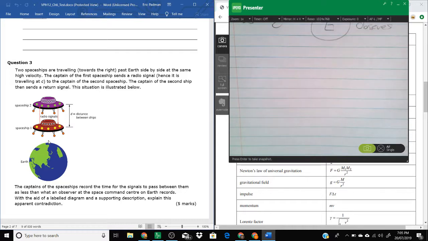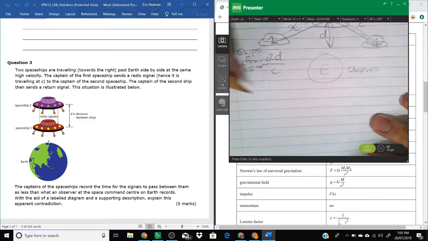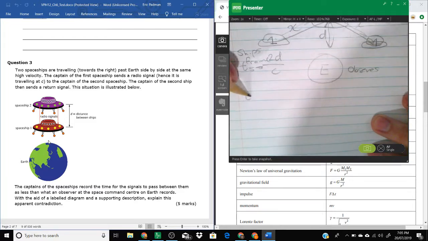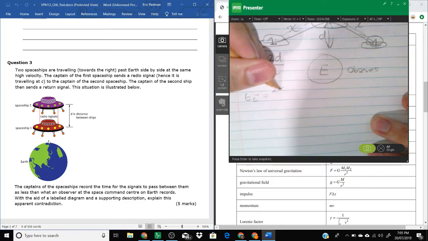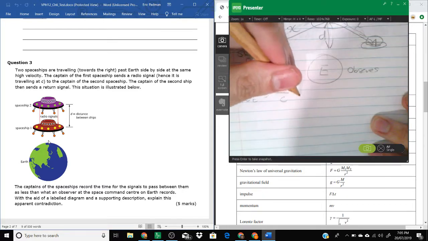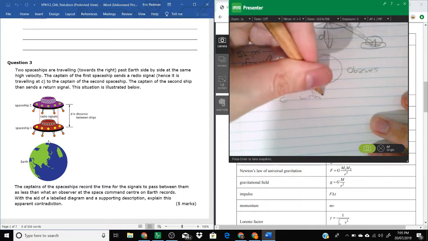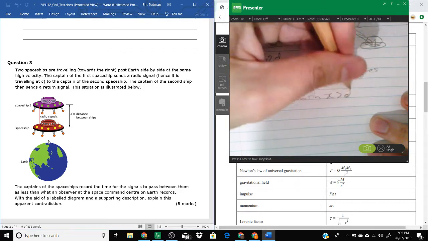If we let x be the distance from the Earth observer's perspective, so that's x and that's x, then the time in the Earth observer's frame, t_E, is 2x over c, with x being larger than d.